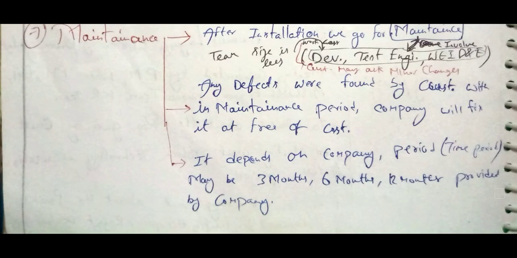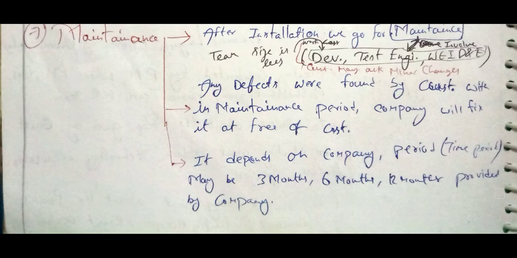The last step is maintenance. Maintenance comes after the installation of the software. It is one point in the agreement. Maintenance is a time period given by the IT company to the customer. In that time period, if he finds any defects, then the IT company will resolve those defects free of cost.